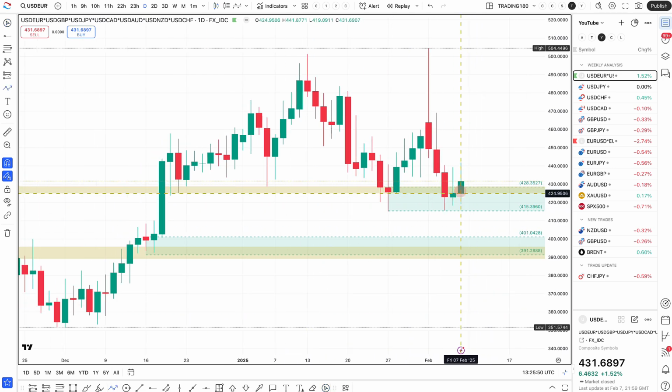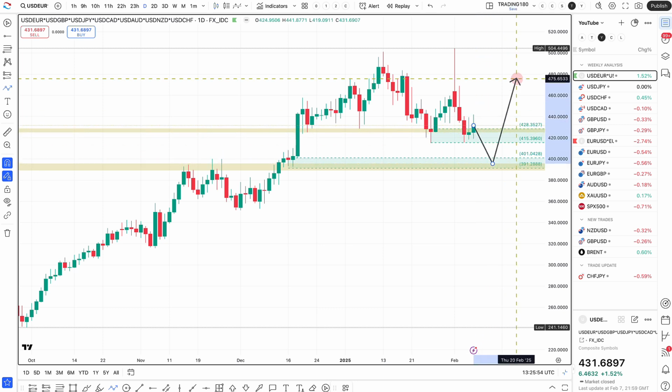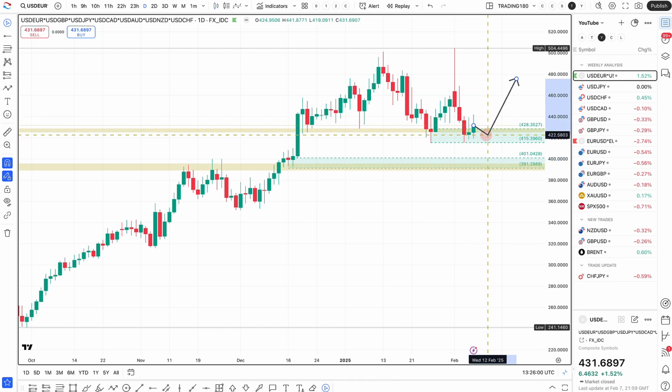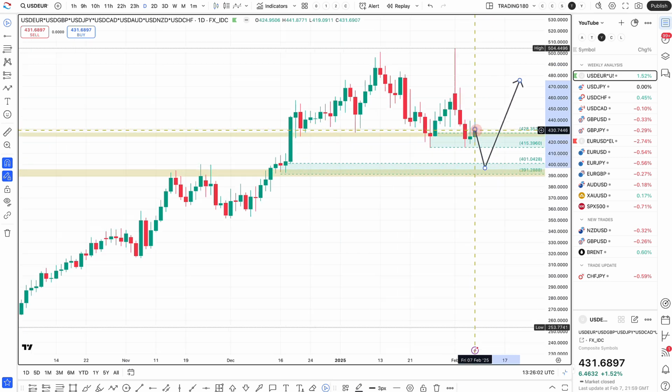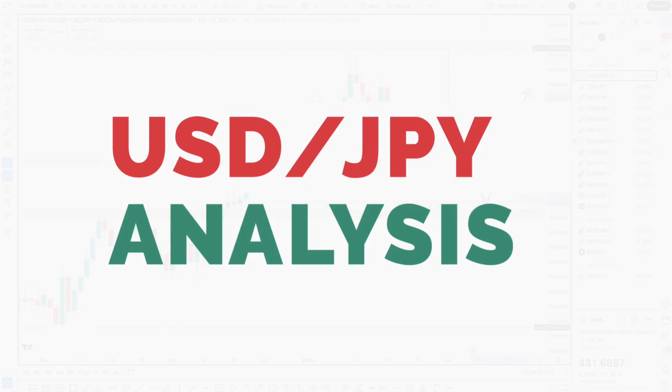But even if there is another pullback on the dollar, I do believe that the dollar should still be a buy, whether it's a buy now or it's a buy as it pulls back. As long as the data does continue to support the Federal Reserve holding rates, then the dollar is a buy on pullbacks, in my opinion.